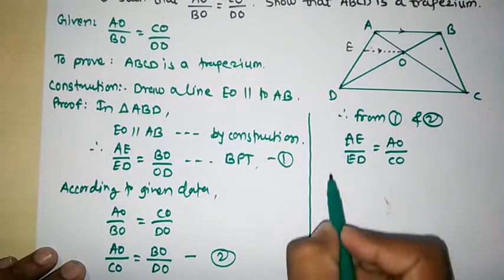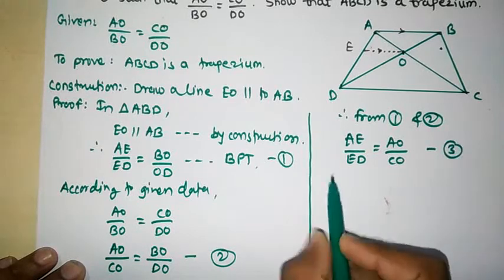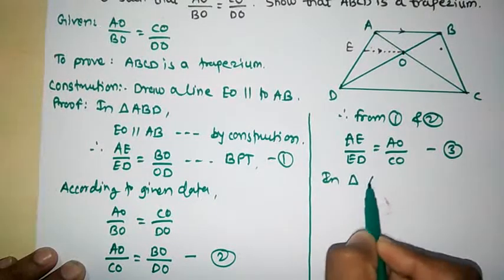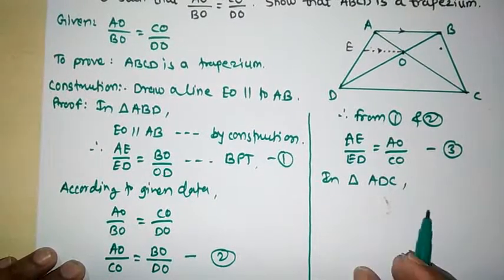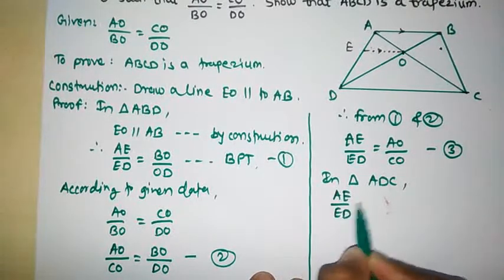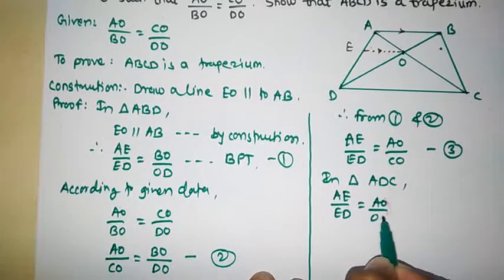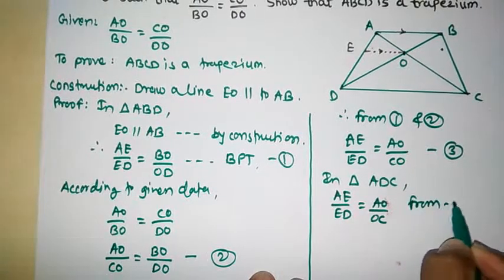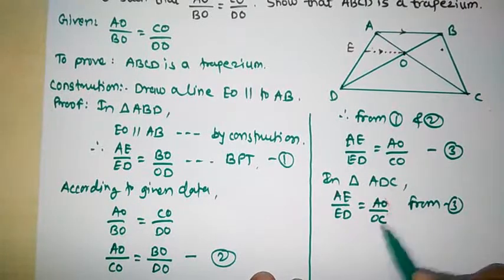Mark it as equation number 3. In triangle ADC, we got AE divided by ED is equal to AO divided by OC, from 3.